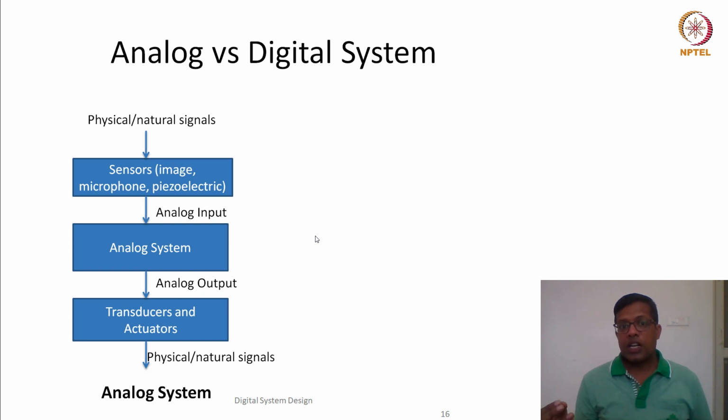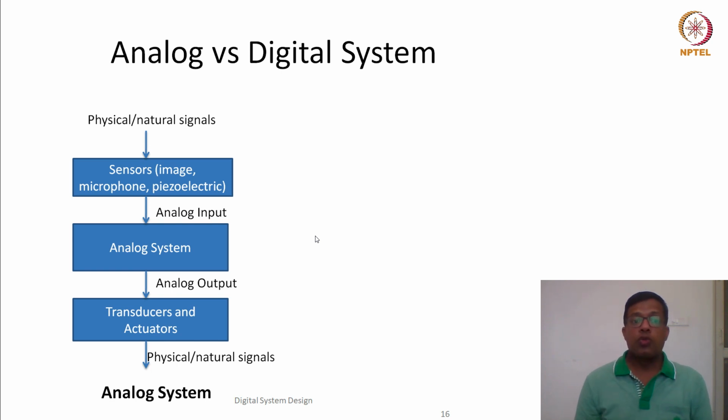Let's understand one more thing. Intuitively, when we look around the world, it's not electronic or electrical in nature. Essentially we see different physical quantities, different natural signals around us. These natural signals could be things like light, where we see wavelengths, and we can measure lengths, or some kind of pressure or frequency which we feel.